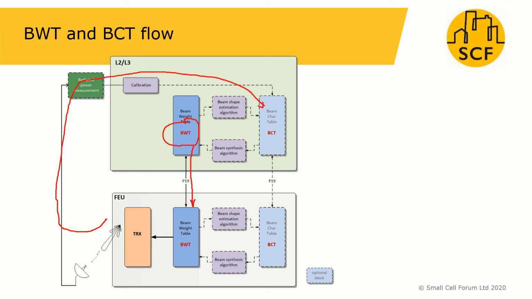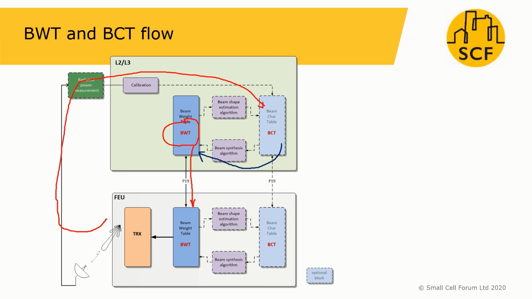Or alternatively, given a desired beam pattern in the beam characteristics table, the beam weights required to generate it can be synthesized using mathematical tools as shown in this path. Actions described here to create the beam weight table and the beam characteristics table can also be carried out on the front-end unit.